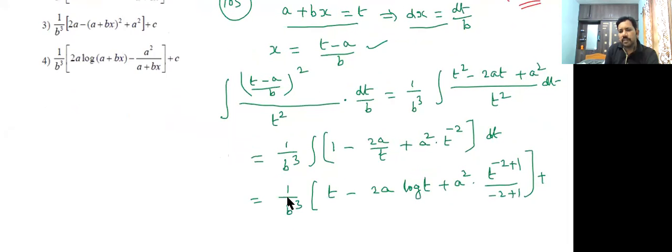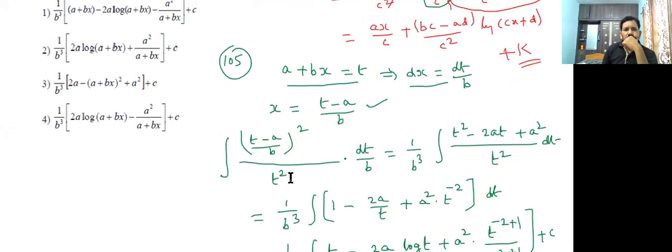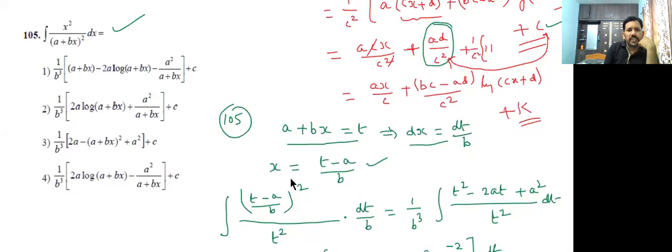Finally, in place of t, substitute a plus bx: 1 by b cube into a plus bx minus 2a into logarithm of a plus bx, minus a square t power minus 1 by t, a plus bx. Finally, I think this is the answer. So the first option is correct.